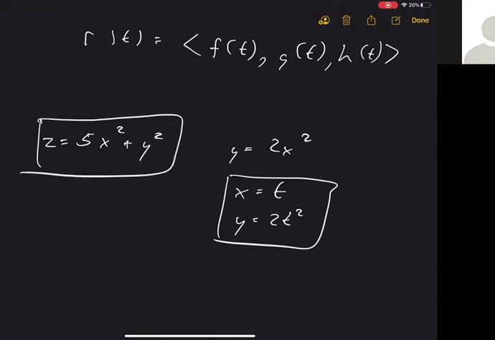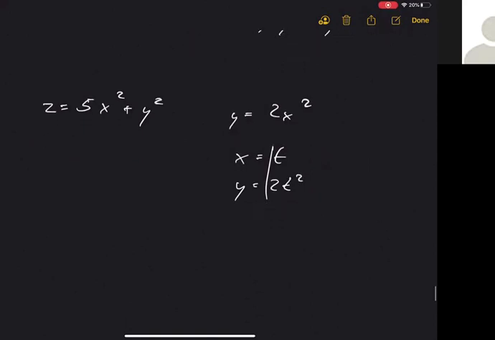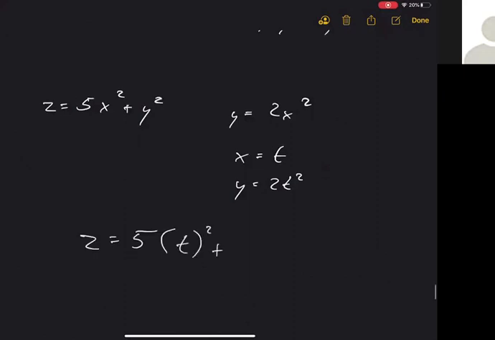So I'm going to take these values for x and y and plug them in for my z equation. So I can rewrite that equation as z equals 5x squared, so 5t squared, plus y squared.